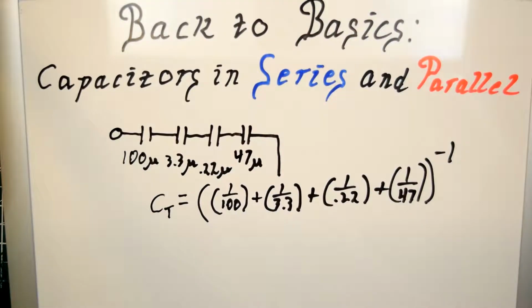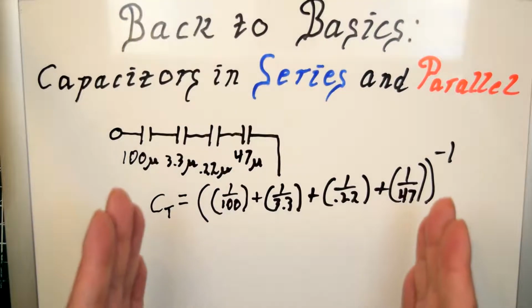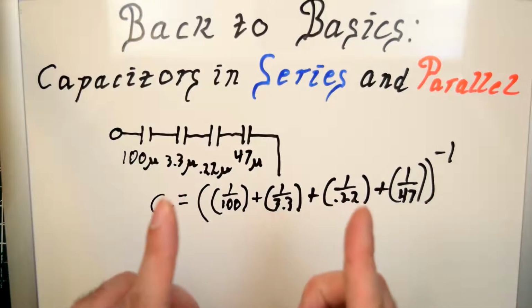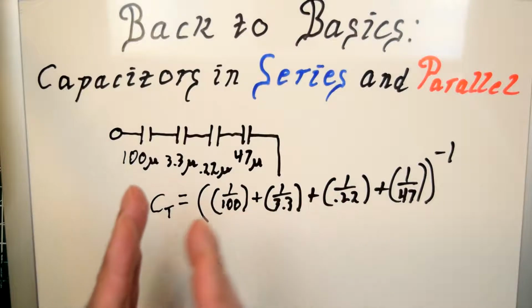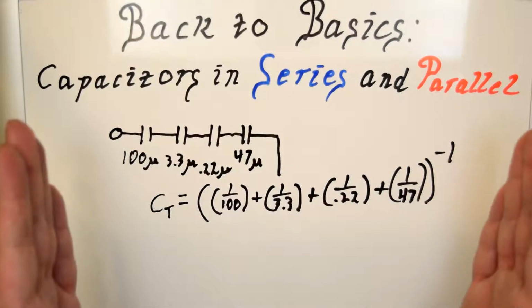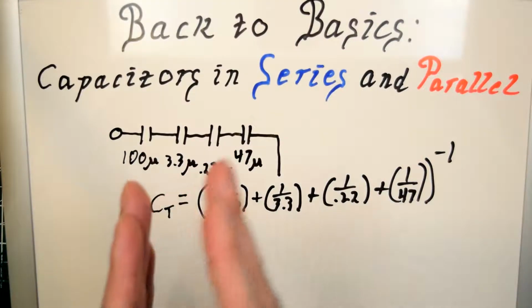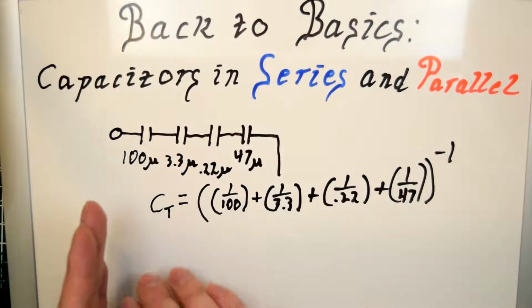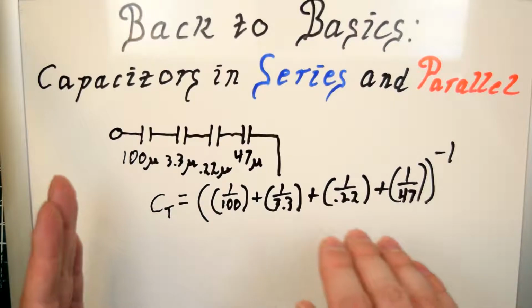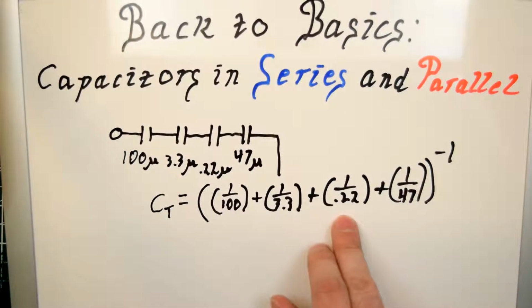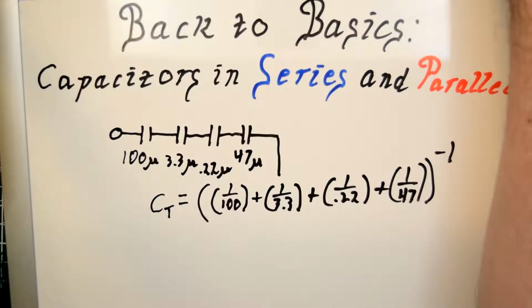Now, that seems so low because the sum of all the capacitance in series will be less than the smallest capacitor in the group. Just like with resistors, when the sum of the resistors in parallel was less than the smallest resistor in the group, the sum of the capacitors in series is less than the smallest capacitor in the group. The smallest capacitor in the group we had was 0.22 microfarads.